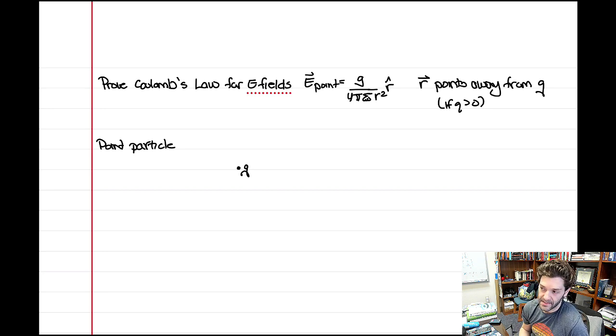I have a point particle. What should the electric field look like around a point particle? A point particle has no volume by definition, it's just a point, and a point looks exactly the same no matter how you look at it. You can think of it like a little sphere.